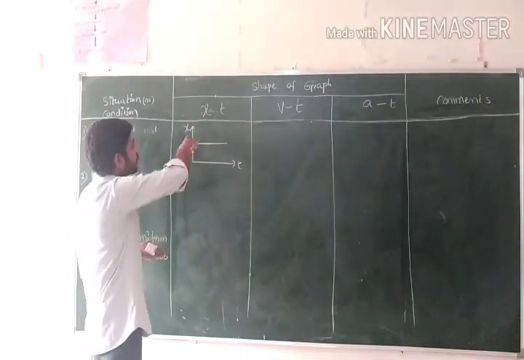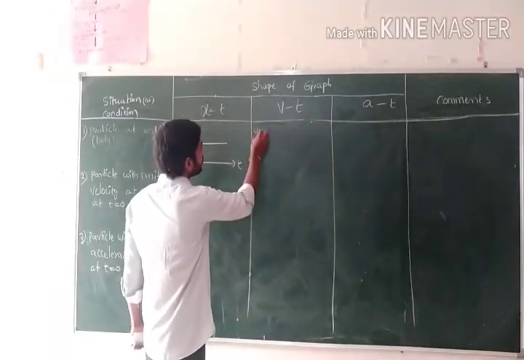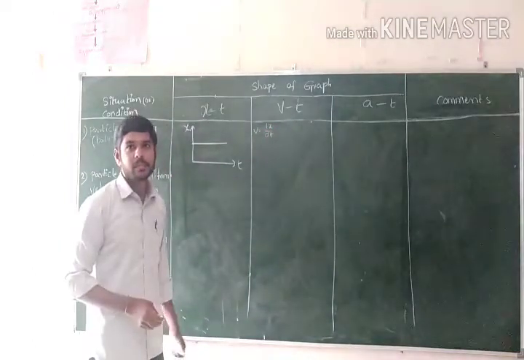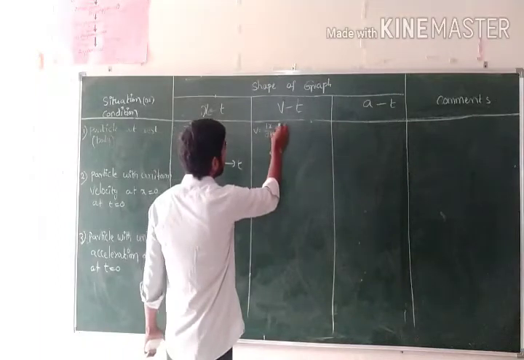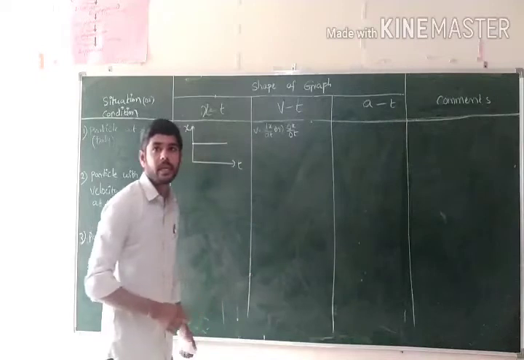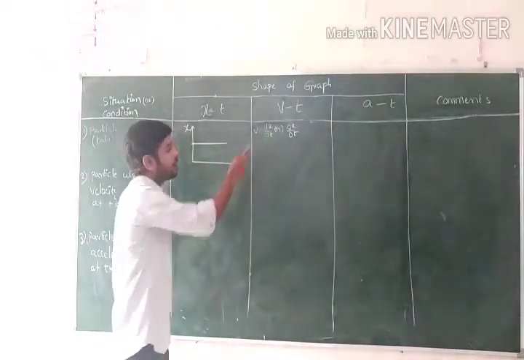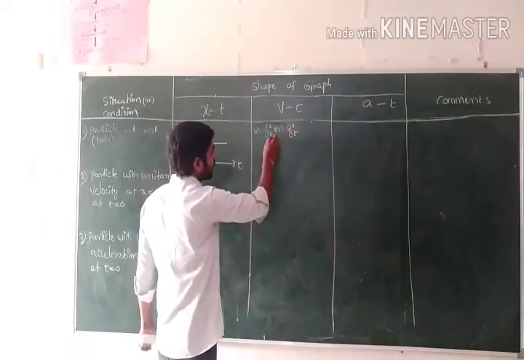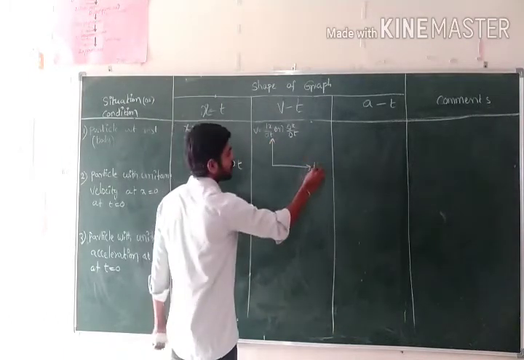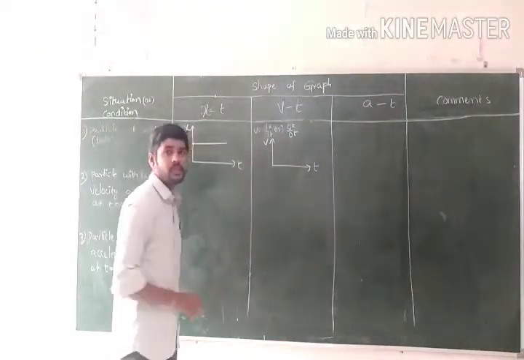Similarly, we know the definition of velocity: change in displacement by time, dx by dt or delta x by delta t. Now for the v-t graph, velocity versus time, again I am taking t on the x-axis and velocity along the y-axis.